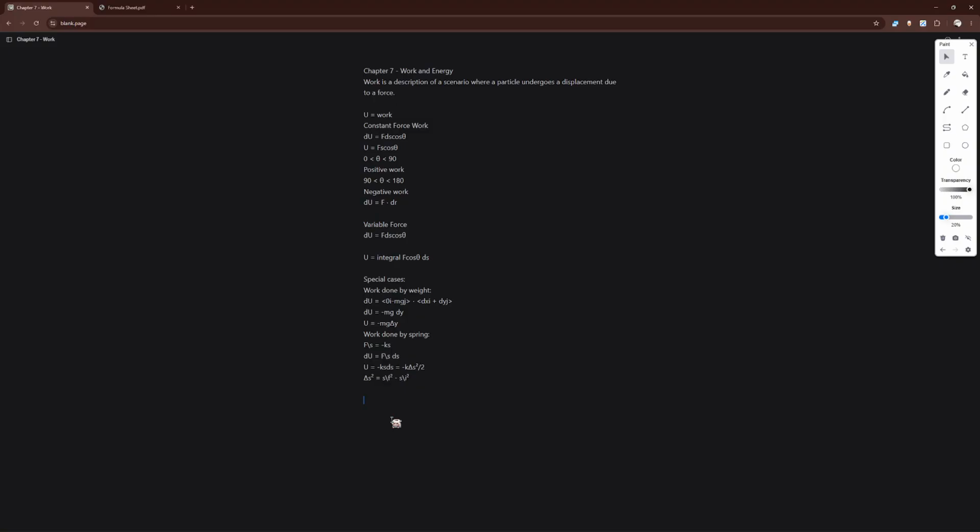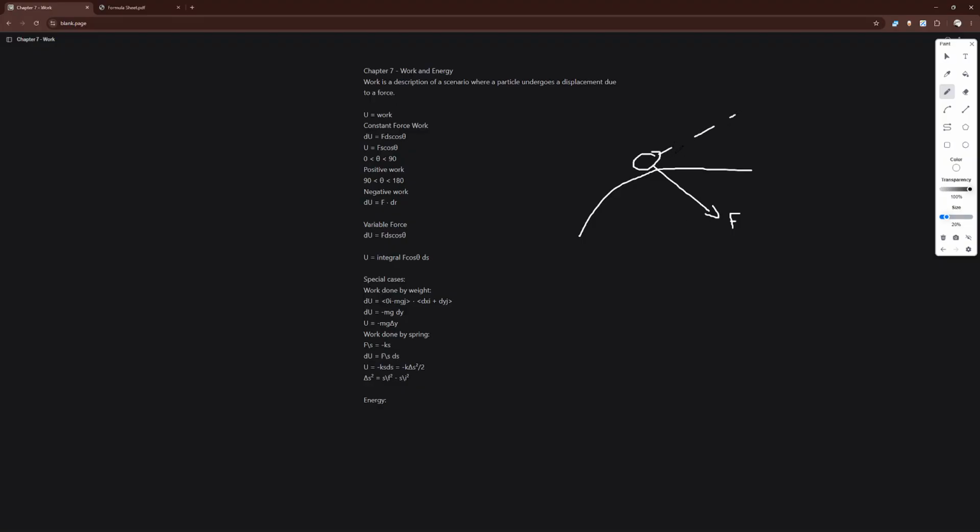So let's begin. We're going to have a path and a particle. We're going to have a force that acts this way, whatever it is. And we're going to have the normal and tangential coordinates.